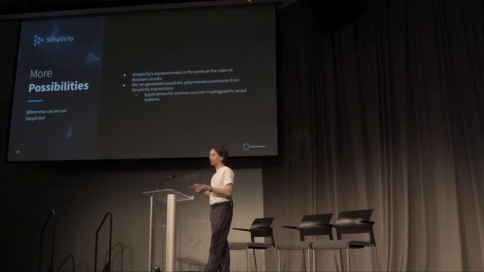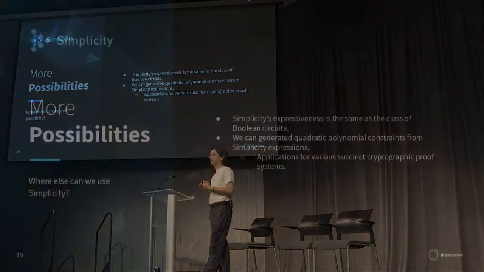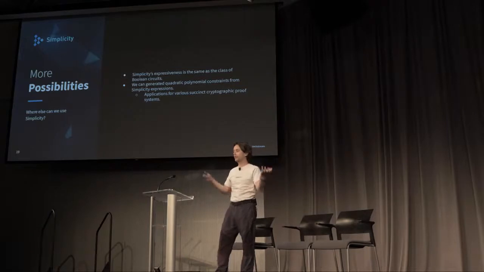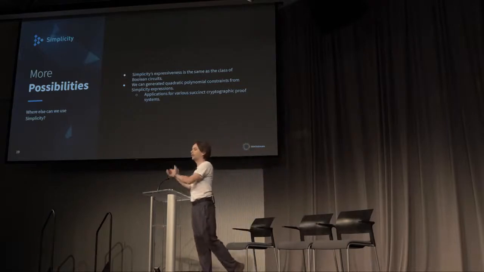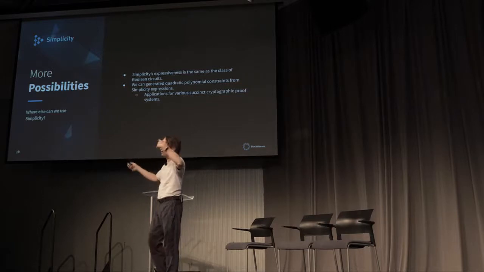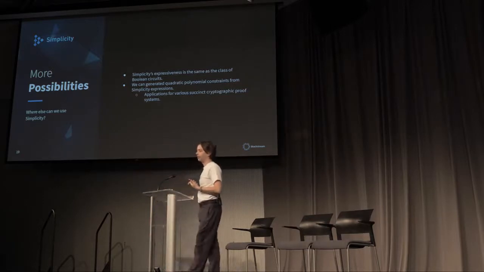And in closing, I want to mention, although Simplicity is designed for this blockchain application, Simplicity's expressiveness turns out to be basically the same class as that of a Boolean circuit, right? And so, for instance, a Boolean circuit is actually just a special case of our arithmetic circuit. And if you've gone to some of the talks here, we can generate from Simplicity expressions a set of quadratic polynomial constraints that basically evaluate the Simplicity program as an algebraic constraint system.